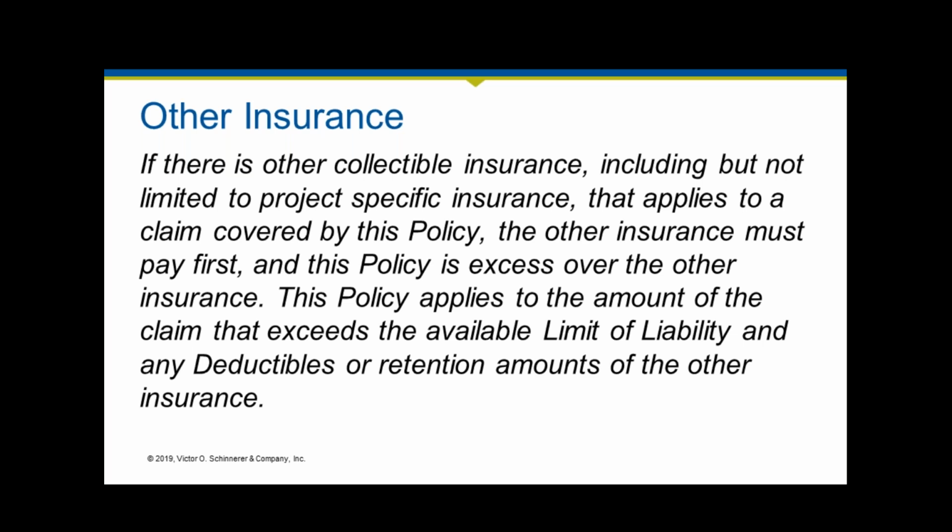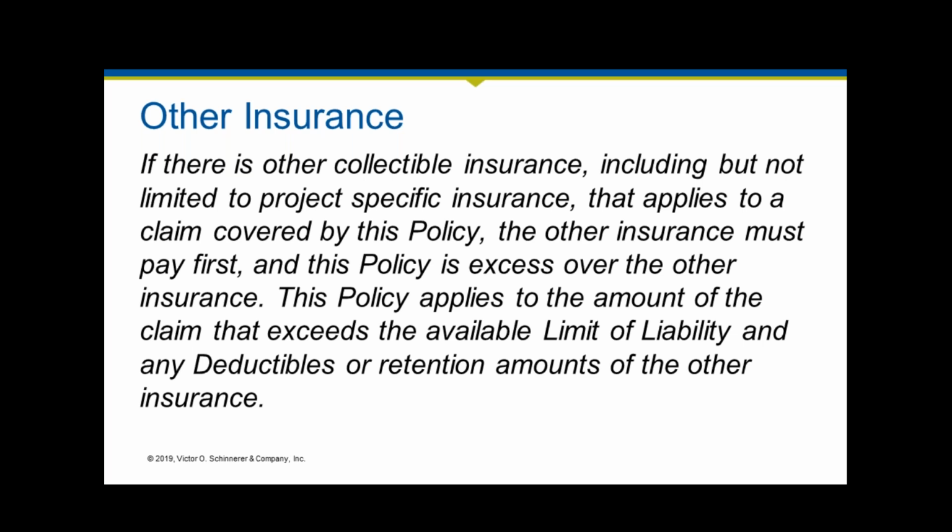And so within the other insurance clause, what we recognize in that situation is that you could have primary coverage under those policies. So since you weren't part of the selection or purchase process, those project policies may be inferior to coverage or to adequacy of limit. And so proactively under the practice policy that you have, this would sit excess.